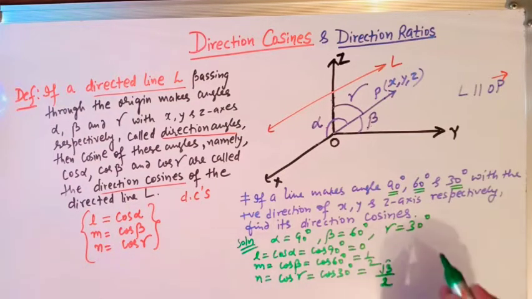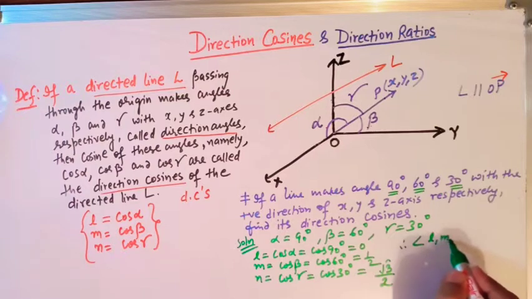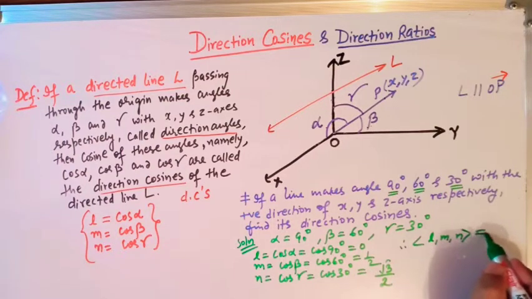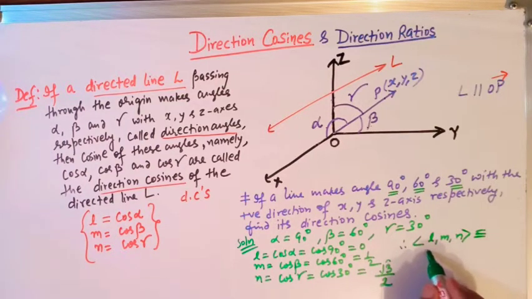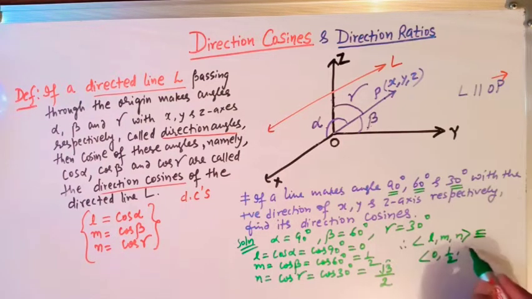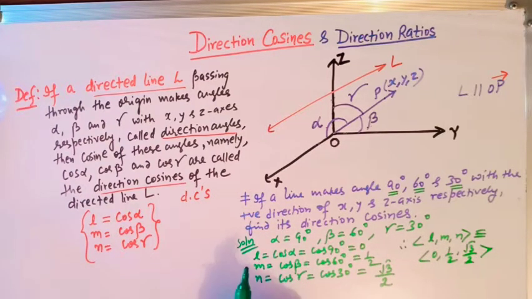Clear? So therefore the direction cosines are given by 0, half and square root of 3 divided by 2, right? So this is how we solve the problems of finding the direction cosines of a line, right?